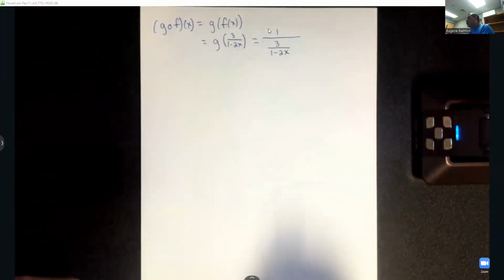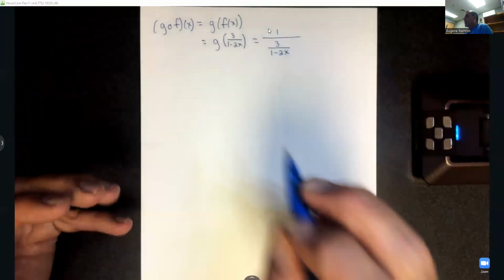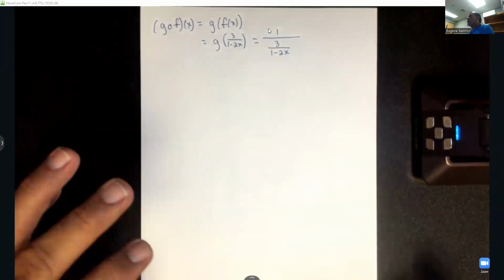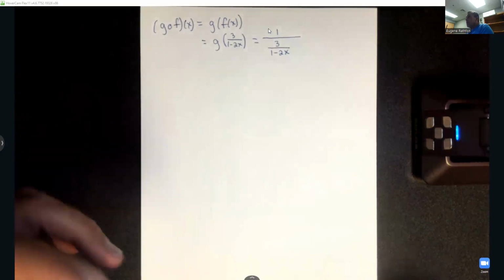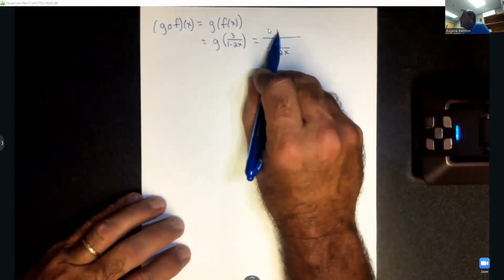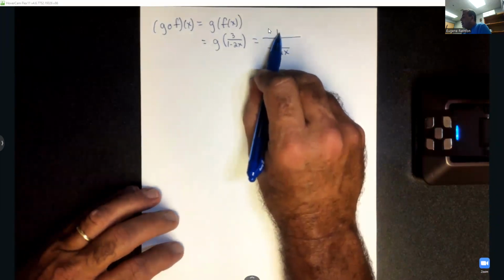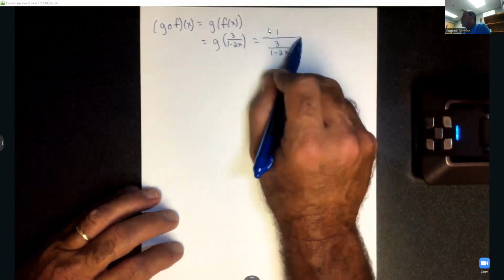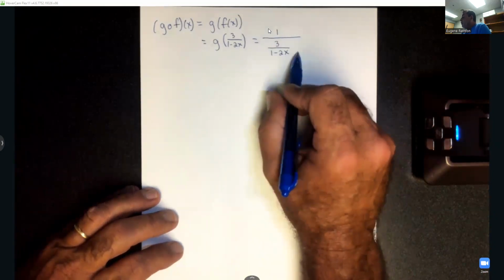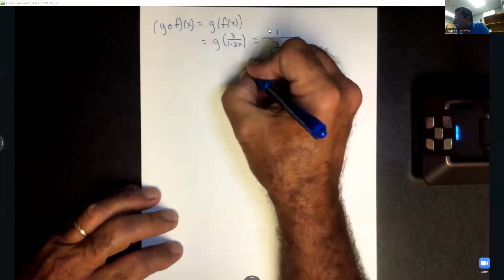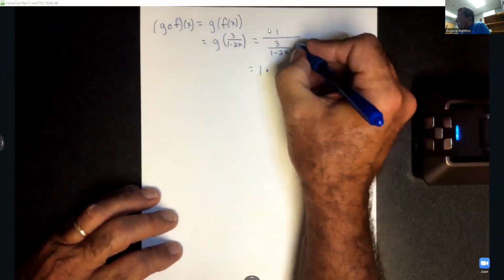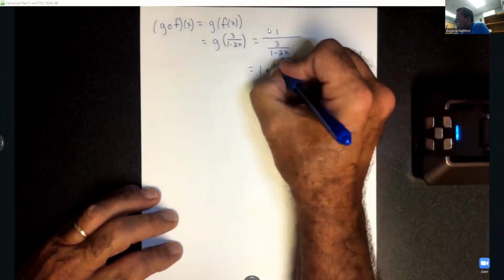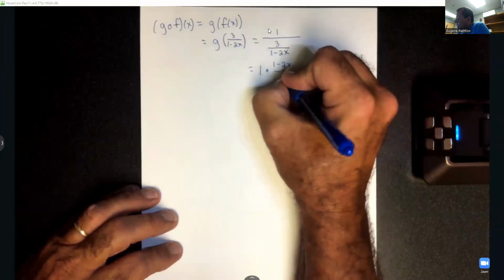So do y'all remember a rule for dividing fractions? We don't really divide fractions. We turn this into multiplication and flip the second one. So if you'll treat this like a fraction, say 1 divided by 1, treat it like a fraction, turn this division into multiplication, and then flip this fraction. So what that would give me would be 1 times, flip this fraction would give me 1 minus 2x over 3.